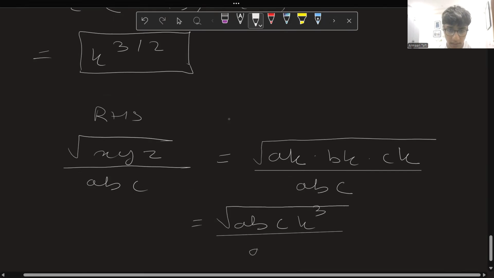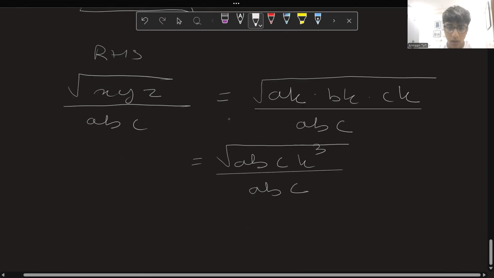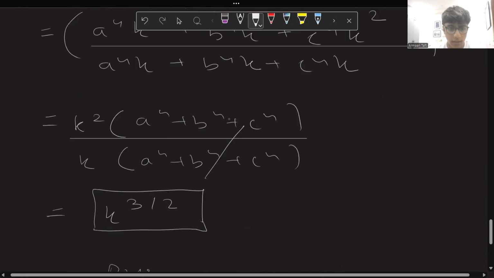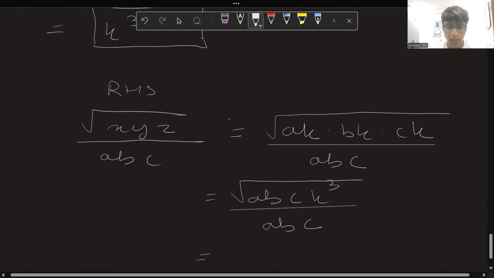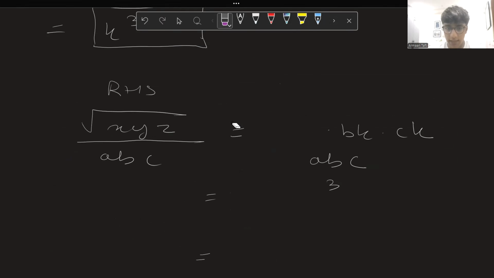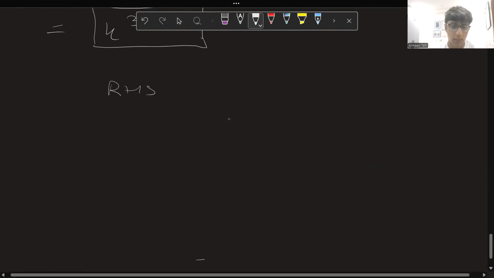Divided by abc. And now if we take k out common. This under root is actually the entire thing, which is why everything wasn't canceling out like I expected it to. So let's just rewrite this once. It's xyz.